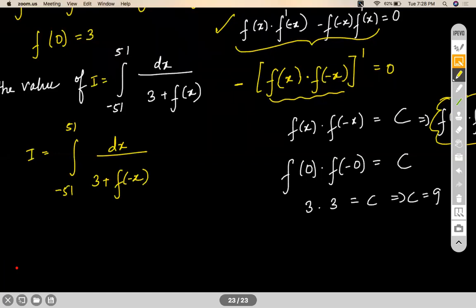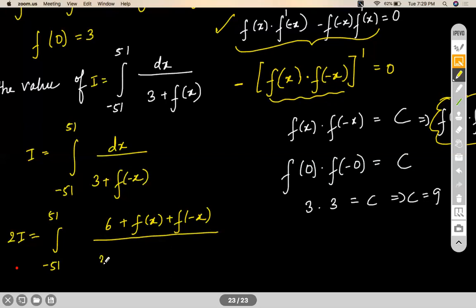Am I right? Let us add these two. Let us add these two. So 2I will be the integral from minus 51 to 51. When you add these two, just correct me, I'm just writing the final result. On the numerator, you will see this. And on the denominator, you will see this.